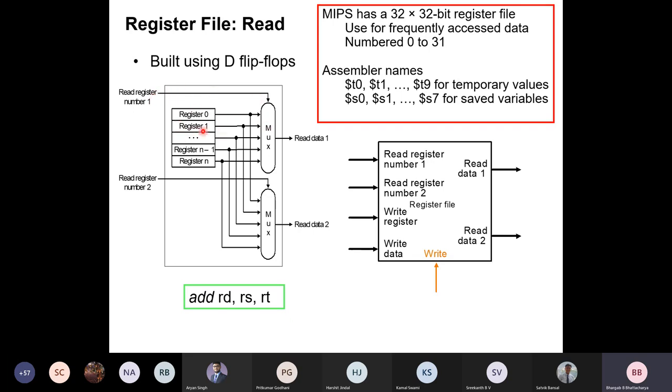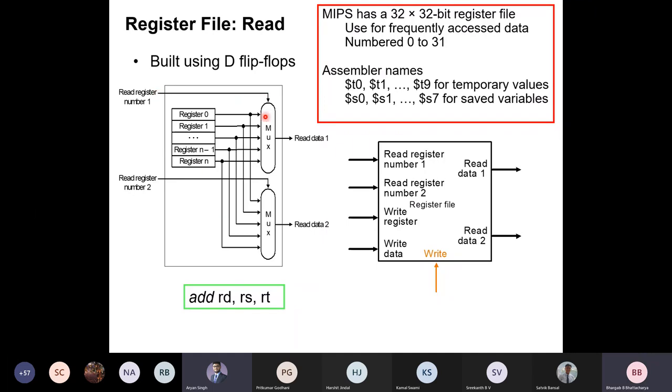That means if you want to read register 1, then the corresponding register ID should appear here, and then that particular register is accessed. That means you can access the content of that particular register here. So how many bits are there in this read register line?